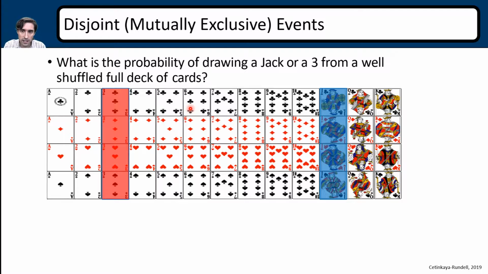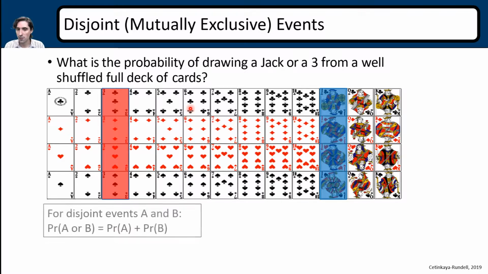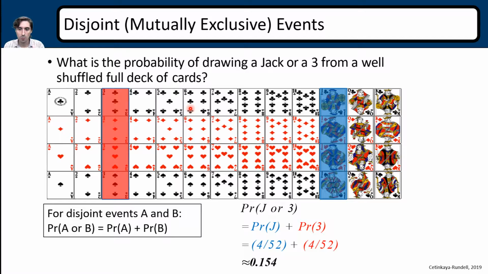They're completely disjoint from each other. Unlike the last time where there was crossover, we're not having to do that. So in other words, all we need to do is just add the probabilities of both. And what is the probability of drawing a jack or a 3 from a well-shuffled deck of cards? It's about 15% chance.